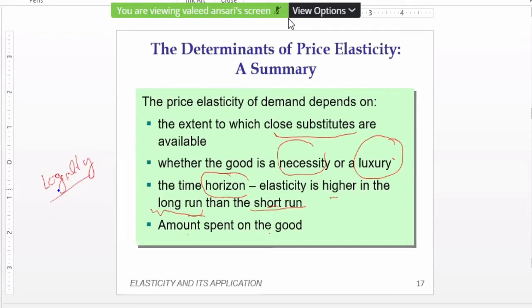But elasticity is a very important concept in understanding the sensitivity of the buyer's demand as a result of a change in prices. Is it clear or not clear? Then I can explain and go further into other aspects of elasticity.